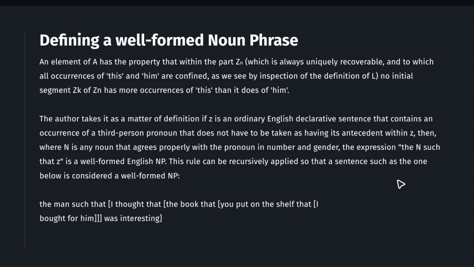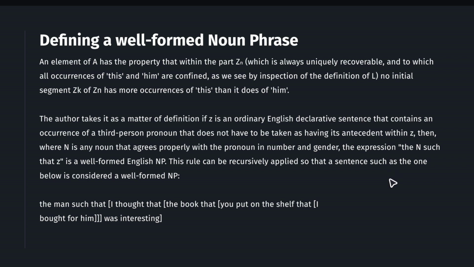So now that we have set the stage for our proof, let's get into the meat of it. But first, we'll need to define a well-formed noun phrase. An element of A has the property that within the part Z of N, no initial segment Zk of Z of N has more occurrences of "this" than it does of "him."